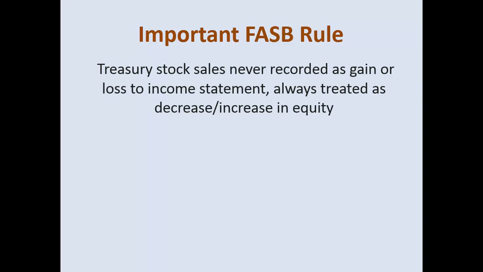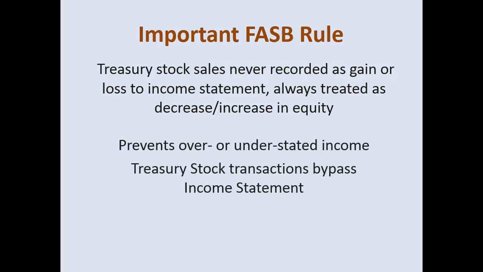Very important FASB rule, so important enough to be repeated. Treasury stock sales are never recorded as a gain or loss to the income statement. Instead, if a gain or loss does occur, it's treated as an increase or a decrease to equity. And that's to prevent the over- or understatement of income, to prevent earnings management.